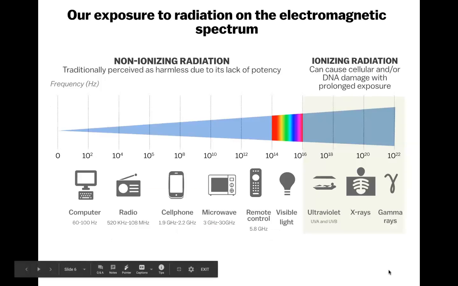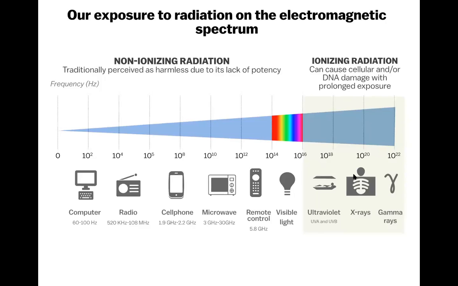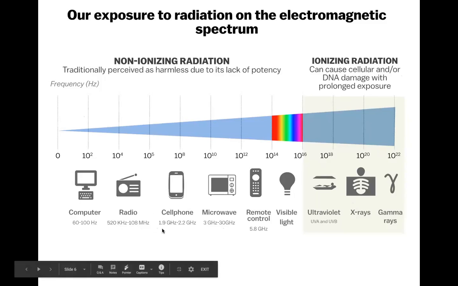But if you look at it, here's the range of non-ionizing radiation, and here's ionizing radiation to the right, and it's giving you examples of what to expect, not how much radiation, but the frequency of the radiation from everyday household items like computers and radios and your cell phone. And then all the way up to things like tanning beds and X-rays and gamma rays, right?